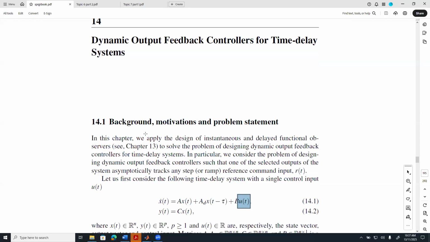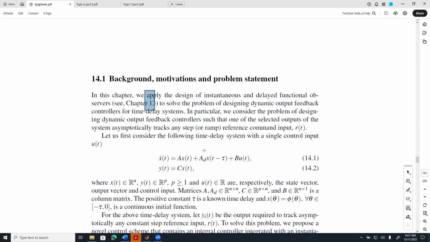We apply whatever we did in chapter 13 to solve the problem of designing an observer-based controller, sometimes called a dynamic output feedback controller.